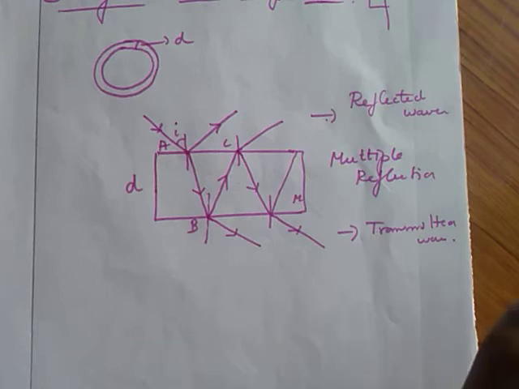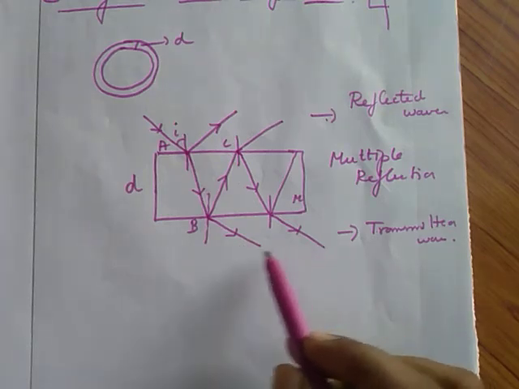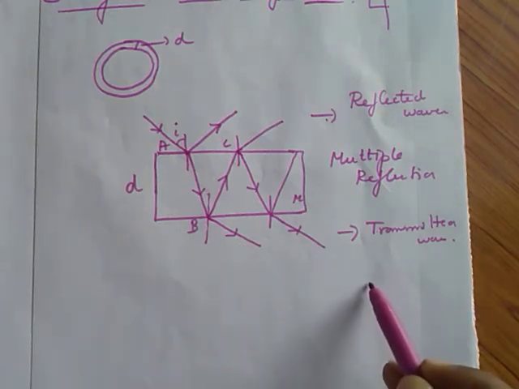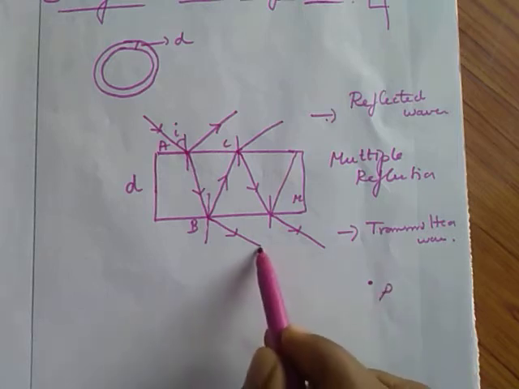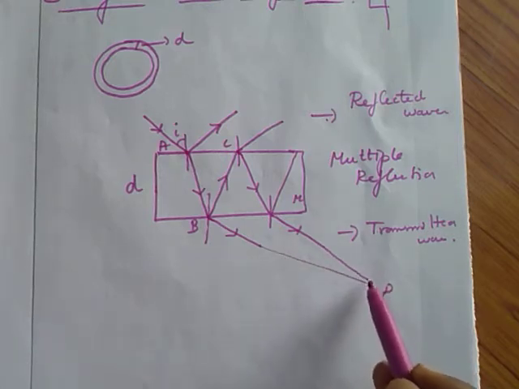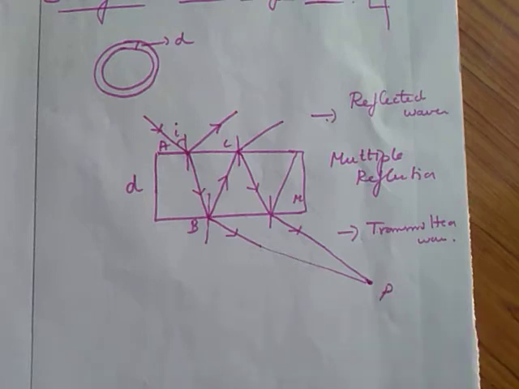Let me see the condition for the interference. We know if there is interference at a point P, the point P may be bright or dark. It may be constructive interference or destructive interference.